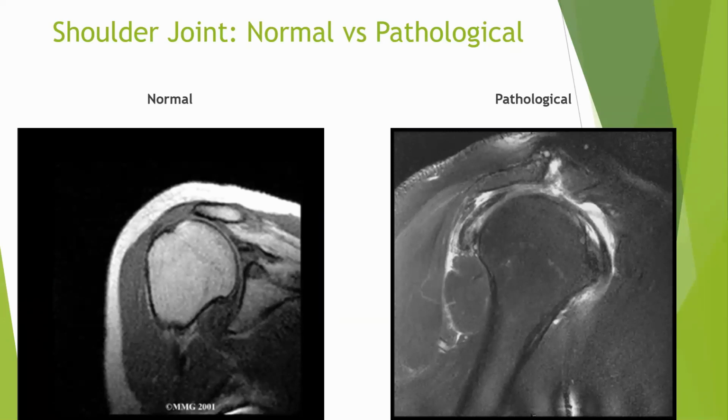All right. Normal, which we have already talked about. Pathological: look over here. What can you find? A very, very huge amount of signal, white areas, as you can notice, right? So this shows that there is, in this rotator cuff right over here, a full thickness tear. This is the rotator cuff end. This is the insertion point right over here. This is the tear right over here where I am going.